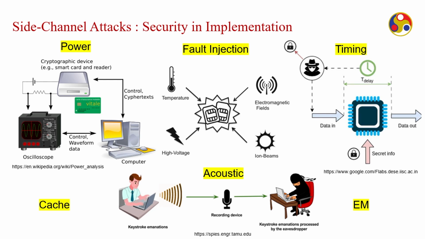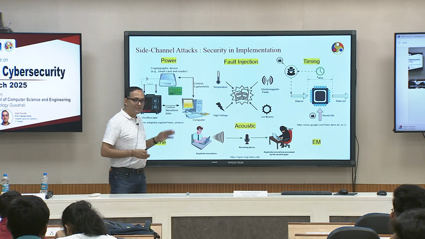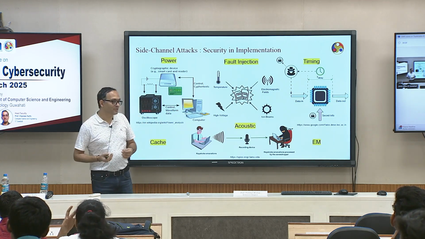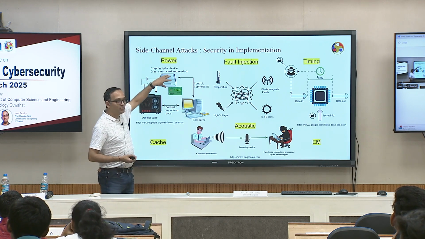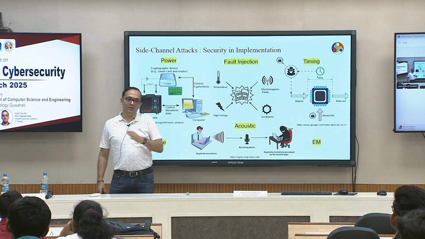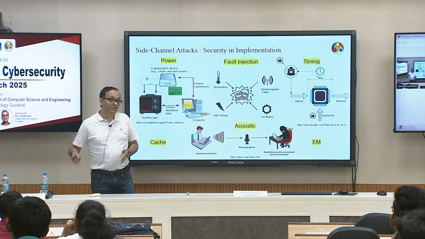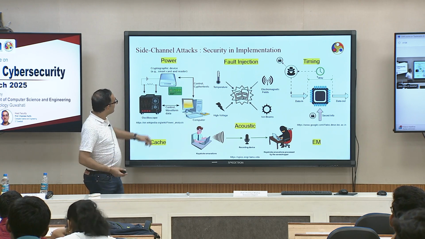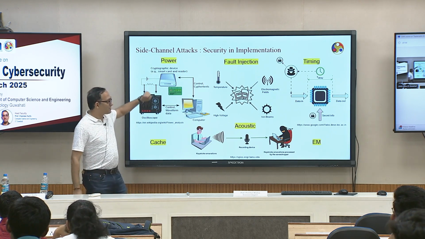You want to encrypt some text, so you can give any text you want and you can get the output. The only thing is that you cannot get any internal values, because you have no access to the internal components of the design. So, effectively you only get the output, the input is in your control, and the only extra information you get is the power, for example, in a power side channel.